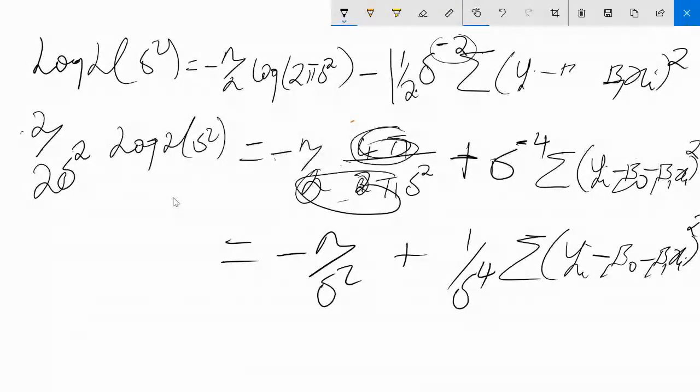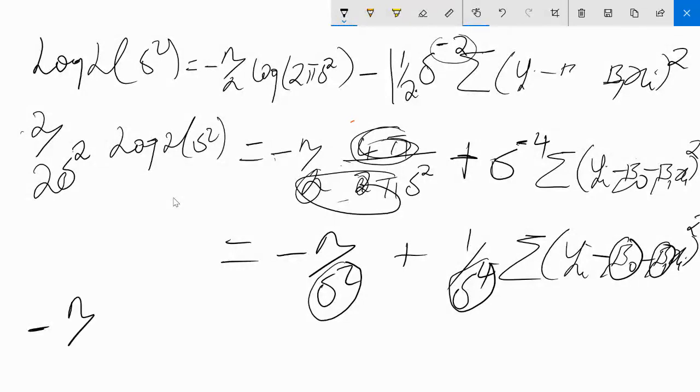So we equate this to 0 and replace the parameters by the estimates. So what are the parameters? We are going to replace sigma squared by s squared, which means this is going to be s to the power 4, and this is going to be beta 0 hat, and this is going to be beta 1 hat. So we are replacing the parameters by the estimates, and we equate that to 0.